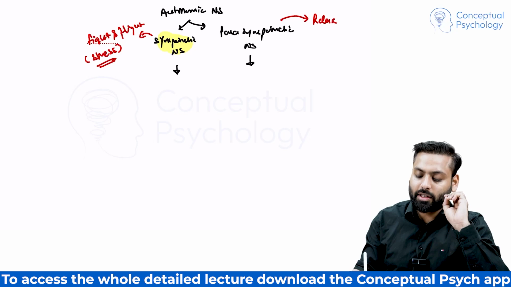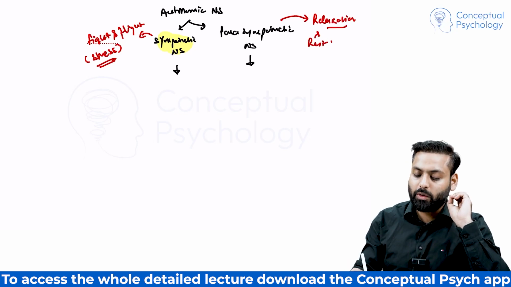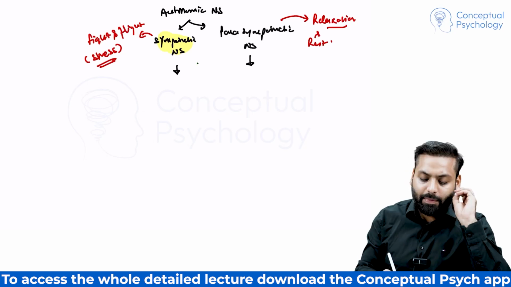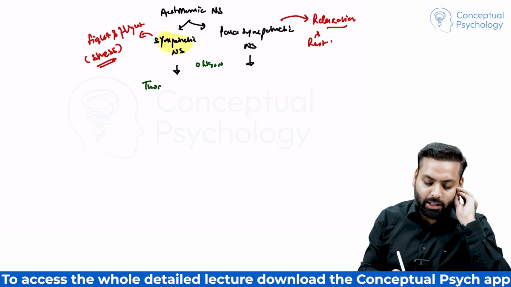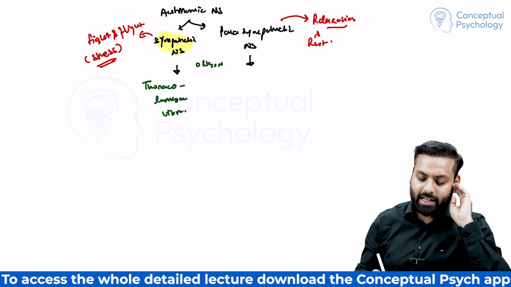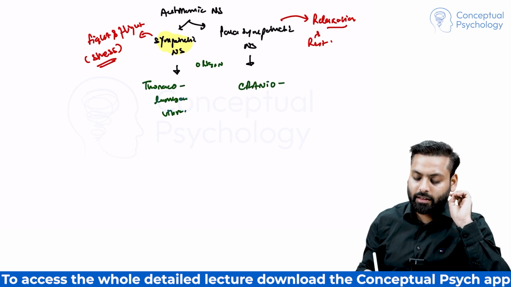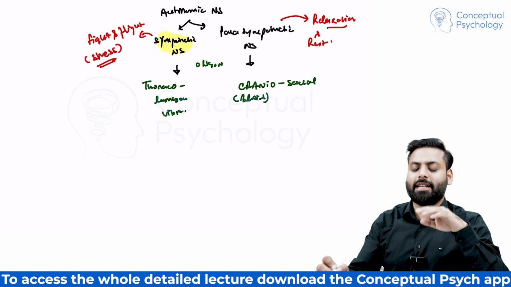It is for relaxation and rest. But if they ask you, the main difference lies in the origin. The sympathetic nervous system originates from the thoracolumbar region, whereas the parasympathetic nervous system originates from the craniosacral region. Craniosacral means brain and the sacrum.